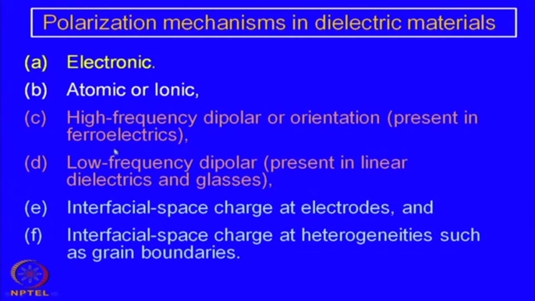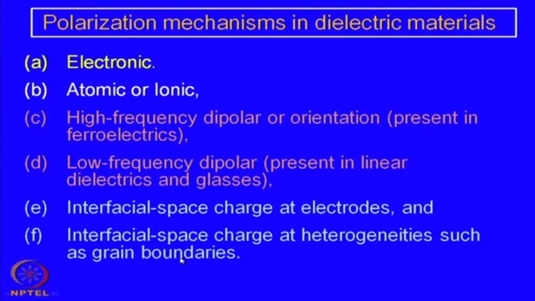So, these 2 are actually 2 subgroups of orientation polarization, and similarly the last one, space charge polarization, also has two different subgroups. One is called interfacial space charge at electrodes, as mentioned, and the other is interfacial space charge at heterogeneities such as grain boundaries.